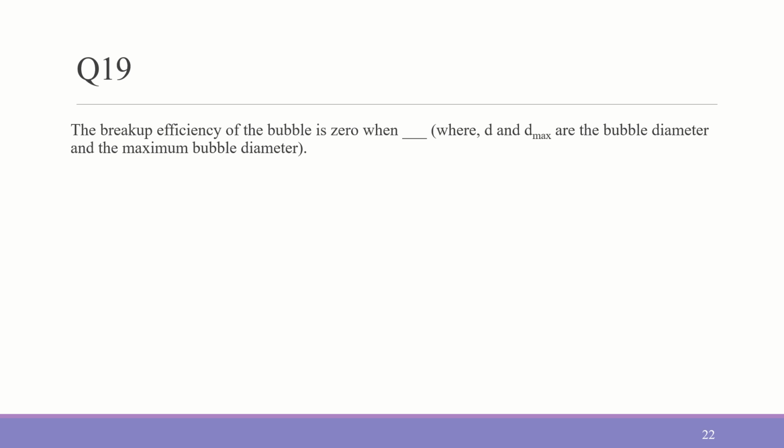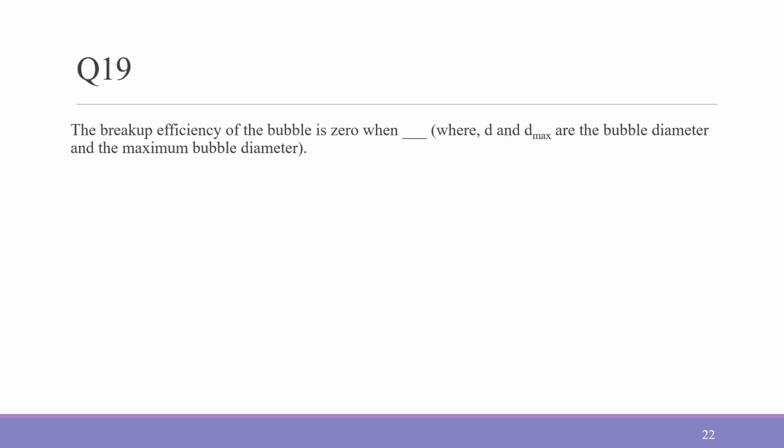So in this we need to identify the relation at which the breakup efficiency of bubble is 0. The parameters in the equation are d, which is bubble diameter, and d max, which is maximum bubble diameter.